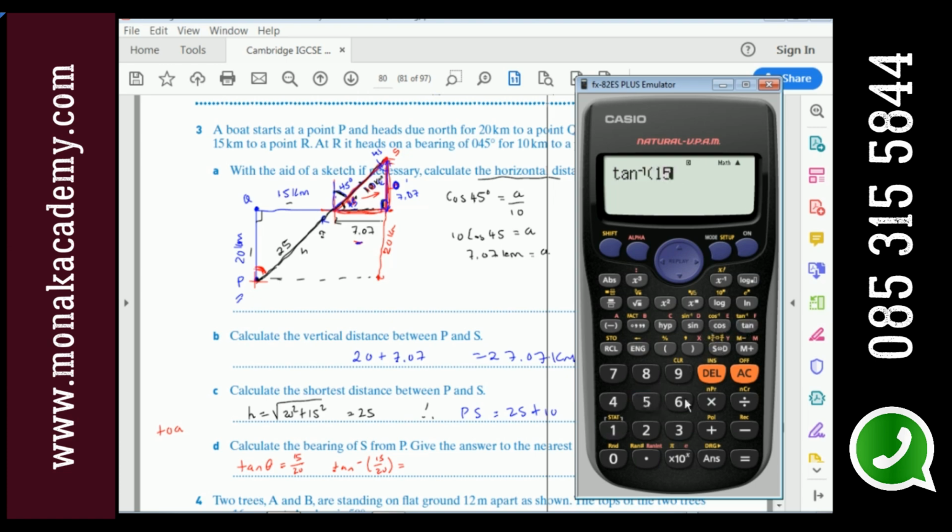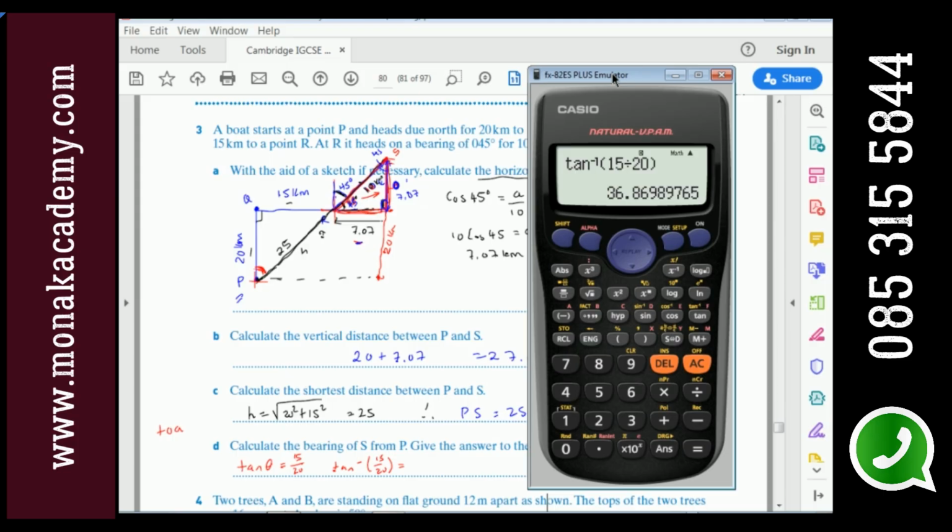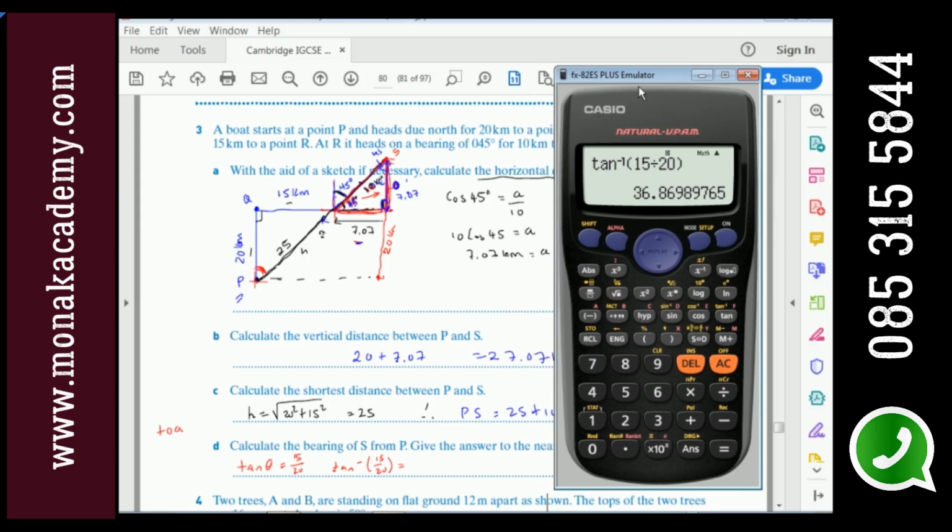You see, that's why they even said to the nearest degree. They want it rounded off to the nearest degree, meaning as a whole number. I'm getting 53.